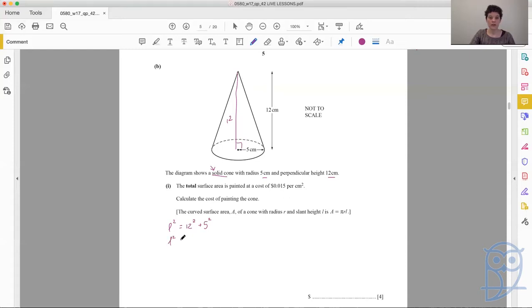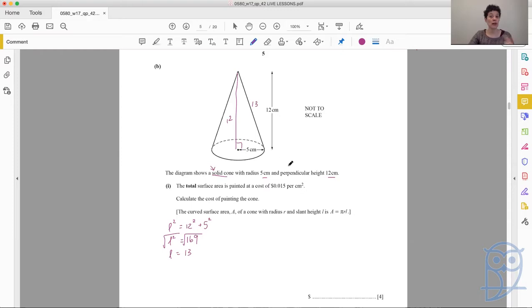So L squared equals 144 plus 25 is 169. And then we can square root both sides to get that L equals 13. So now we have that slant height is 13.